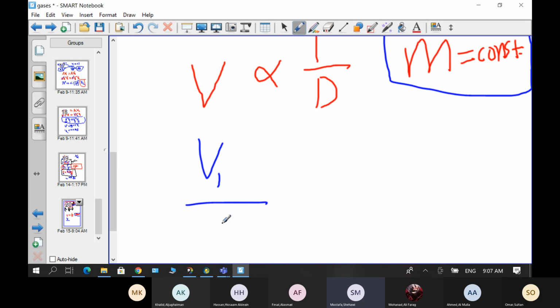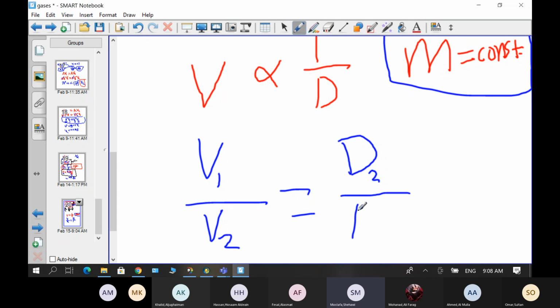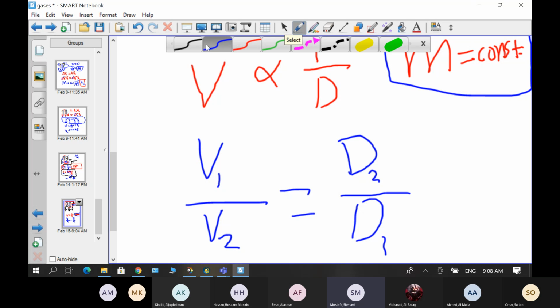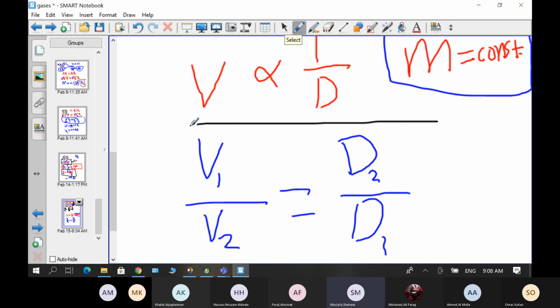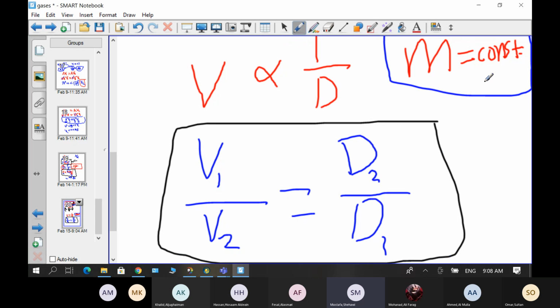So I can say like that: V1 over V2 equal density 2 divided by density 1. So you can do that directly. If you have equal masses, you can reach this relationship directly if you have constant mass.